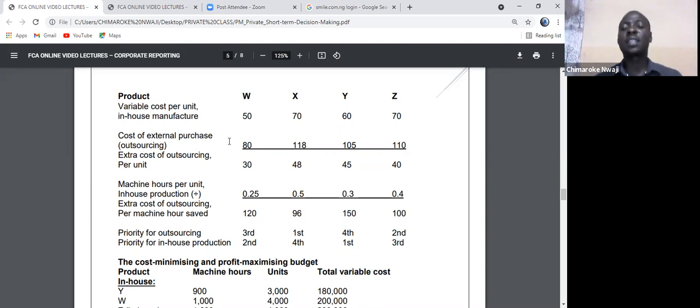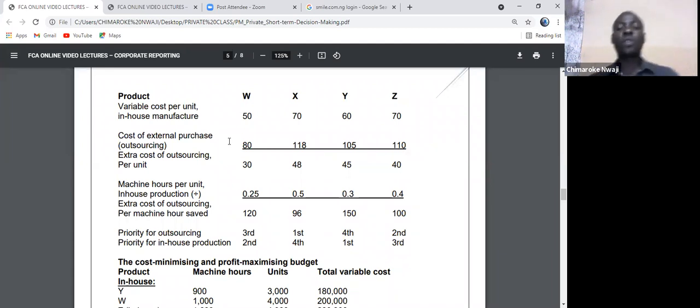Whereas for X, for every 1 hour, you'll be spending an extra cost of 96. And for every 1 hour of outsourcing Y, yes, you're saving 1 hour, but you're spending 150. Then coming to Z, if you have to save 1 hour, you're spending 100.